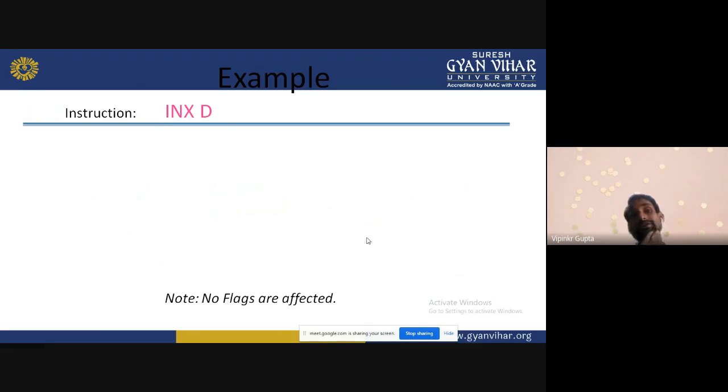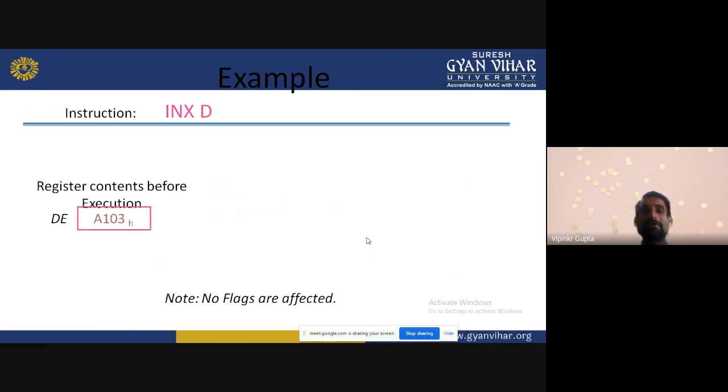Here it shows the DE pair. So whatever value is in that pair is incremented by 1.